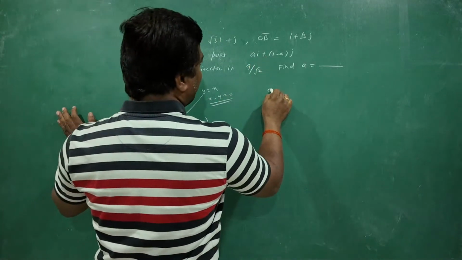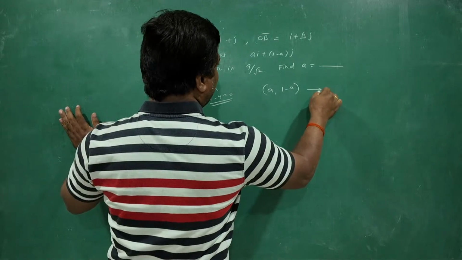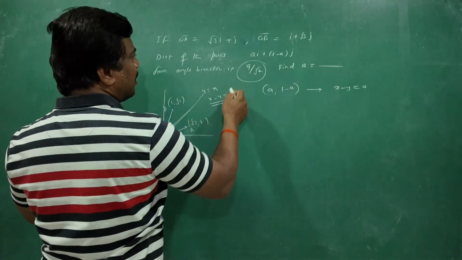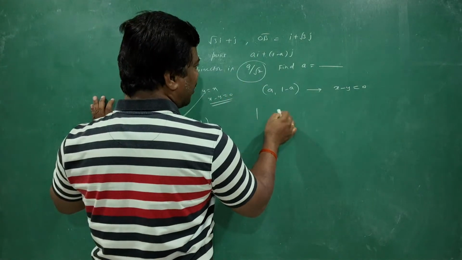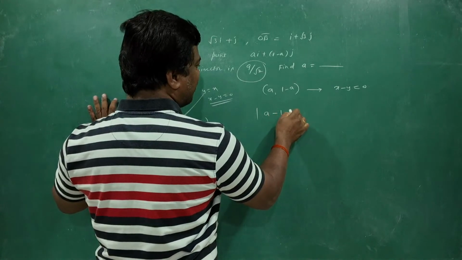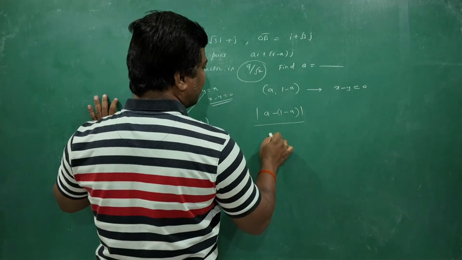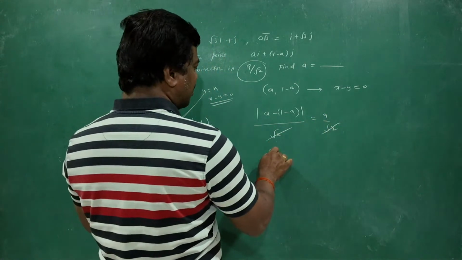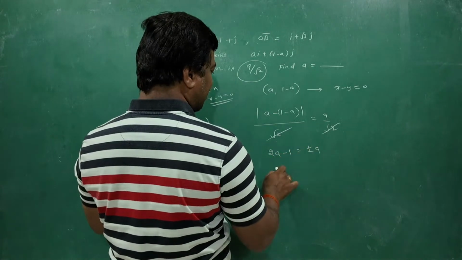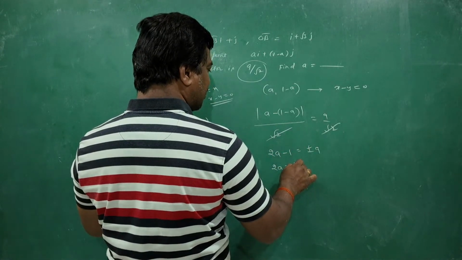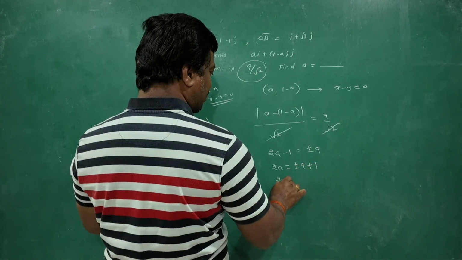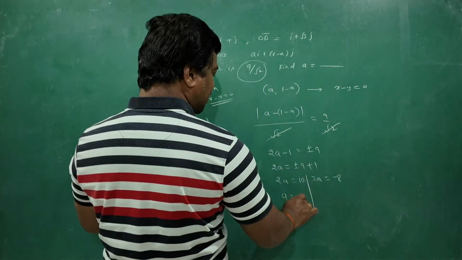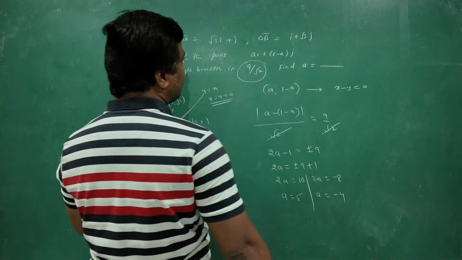Distance from (a, 1 minus a) to the line x minus y equal to 0 is given as 9 by root 2. Distance formula: ax1 plus by1 plus c by under root of a square plus b square. So root 2, it is 9 by root 2 clearly, root 2 gets cancelled. Next 2a minus 1 is plus or minus 9, 2a is plus or minus 9 plus 1, 2a is 10, 2a is minus 8. So a is 5, a is minus 4.